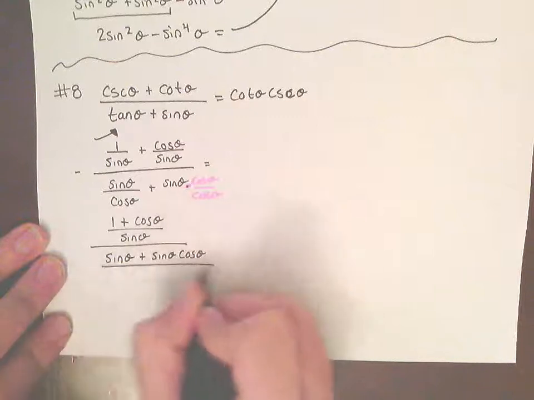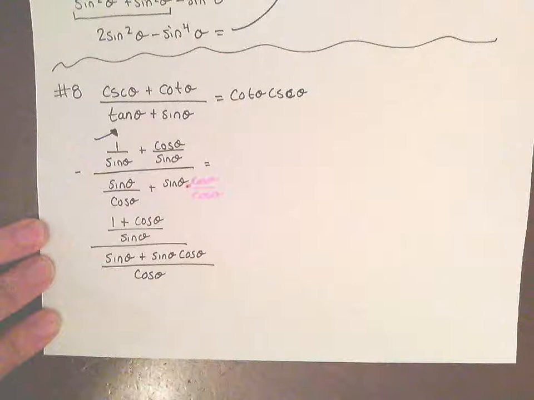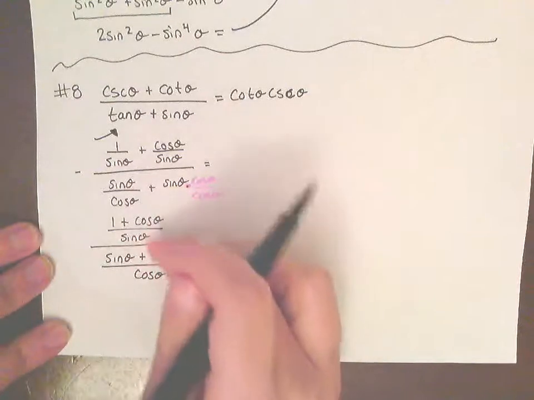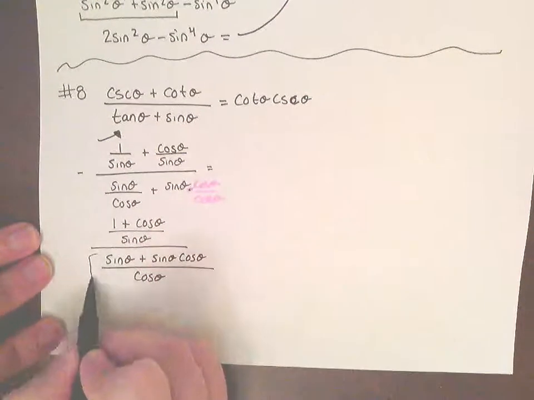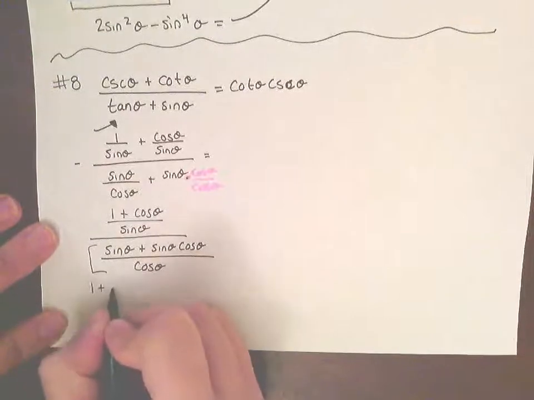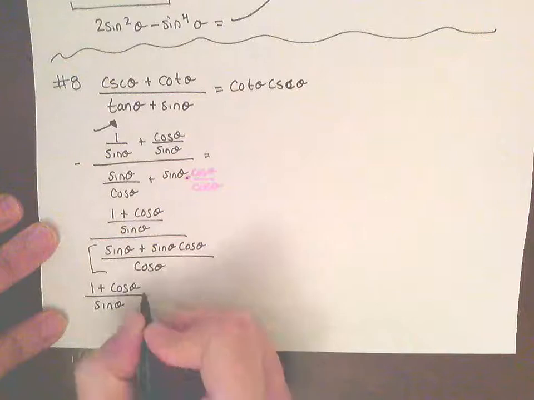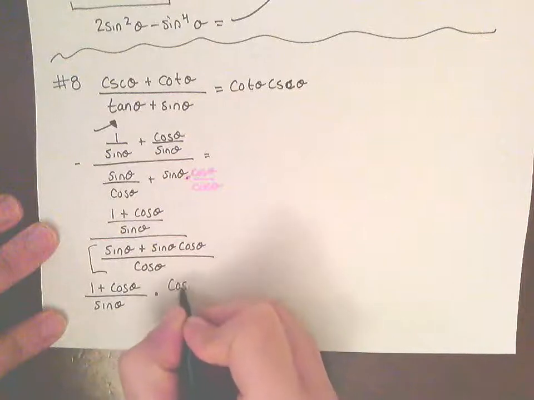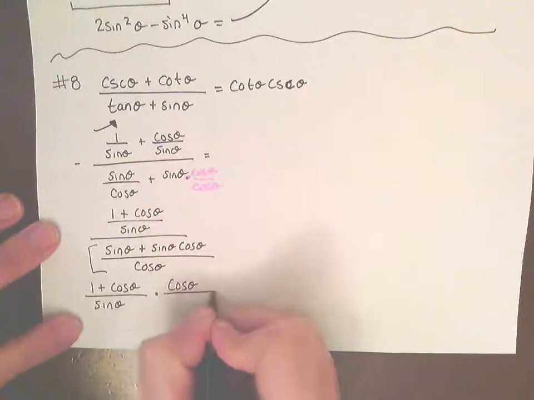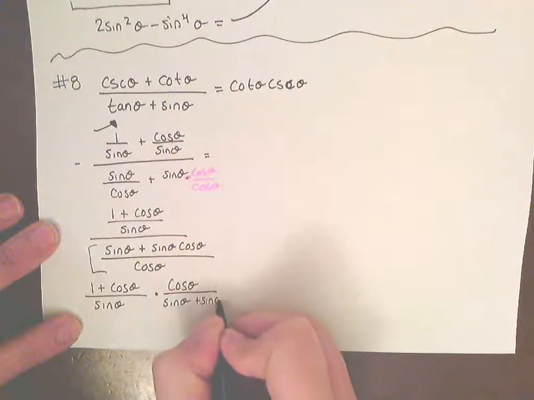All of that is now over one denominator, cosine of theta. So we have a double fraction, so flip this guy and multiply. So we end up with 1 plus cosine of theta over sine of theta times cosine of theta over sine theta plus sine theta cosine of theta.